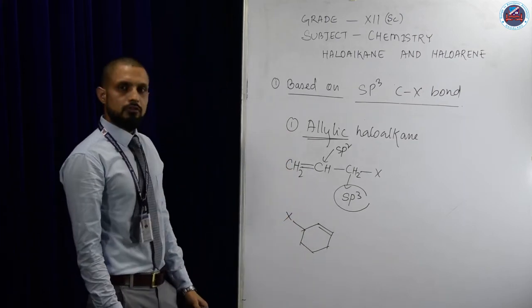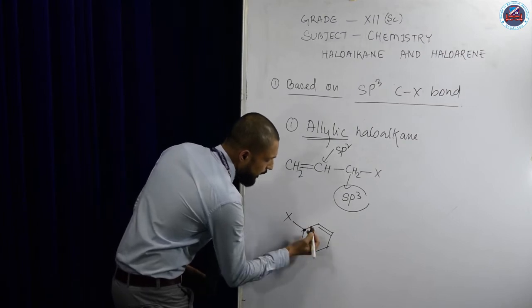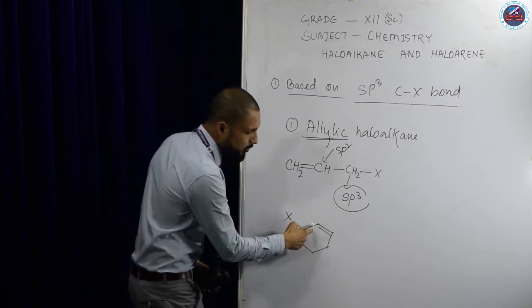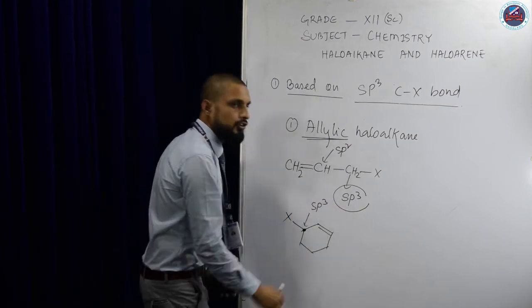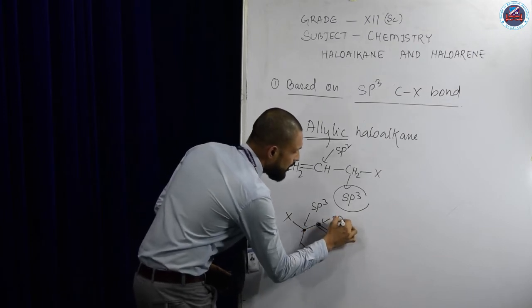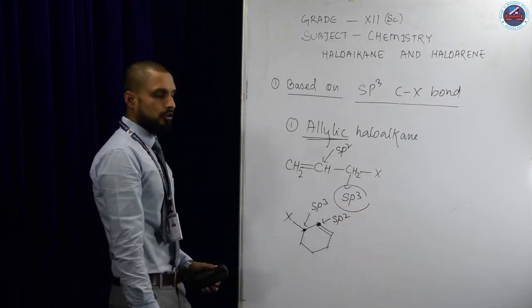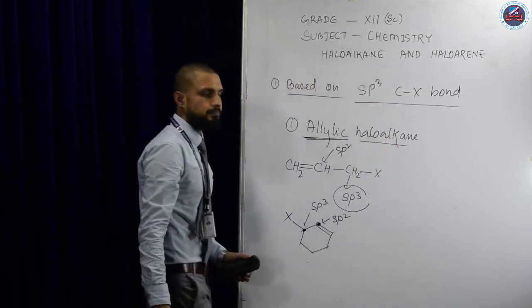So you can see in this compound, the halogen atom is attached to this carbon. And this carbon, you can see it forms only single bonds, so it uses sp3 hybridization. But it's followed by a carbon which uses sp2 hybridization. So this is an example of allylic haloalkane.